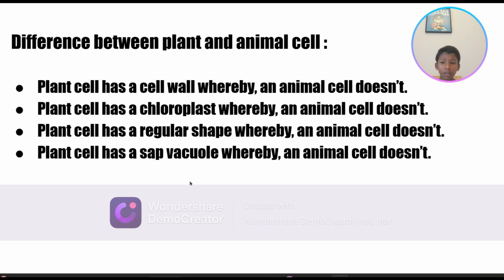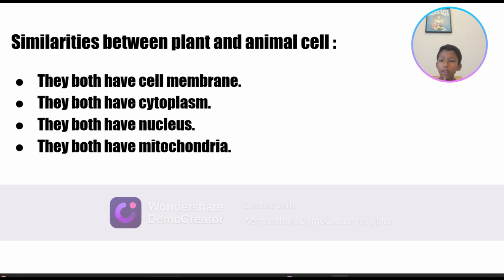A plant cell has a vacuole whereas an animal cell doesn't. Similarities between plant and animal cells: they both have a cell membrane, cytoplasm, nucleus, and mitochondria.